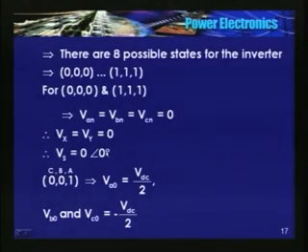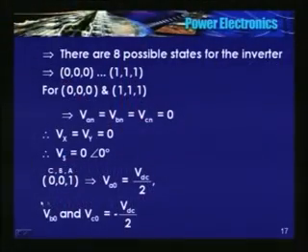Now what happens when the upper switch of phase A is on and the remaining 2 switches are off? That is, S1 is on, S3 and S5 are off, that is S6 and S2 are on. Since phase A is on, Va0 is Vdc by 2, and Vb0 and Vc0 are minus Vdc by 2.